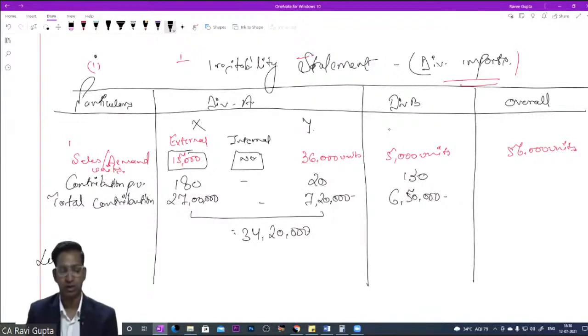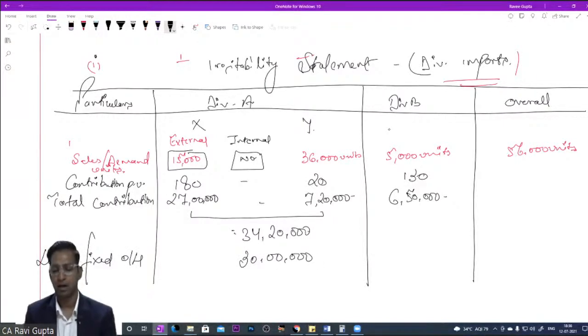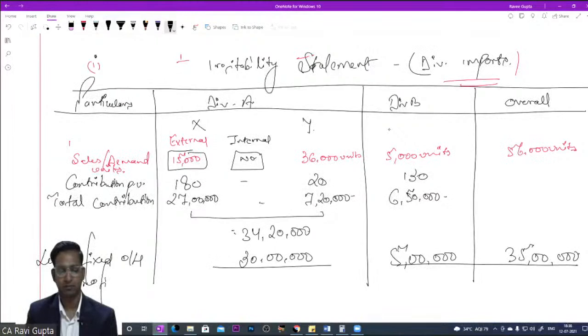We need to deduct fixed overheads. Fixed overhead is given as 30 lakh rupees, and here we have 5 lakh rupees. So this becomes 35 lakh rupees, and the profit is 4,20,000, 1,50,000.